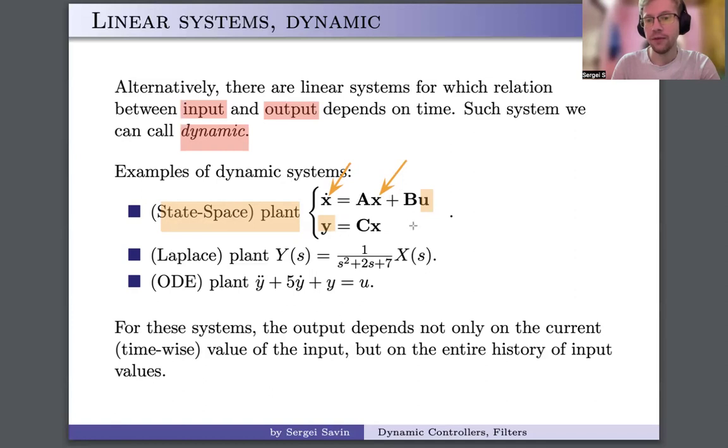So you can imagine if in the beginning X is 0, well, then the output is 0, regardless of what input you have. Later, let's say under the influence of U, X slowly starts to approach 1.